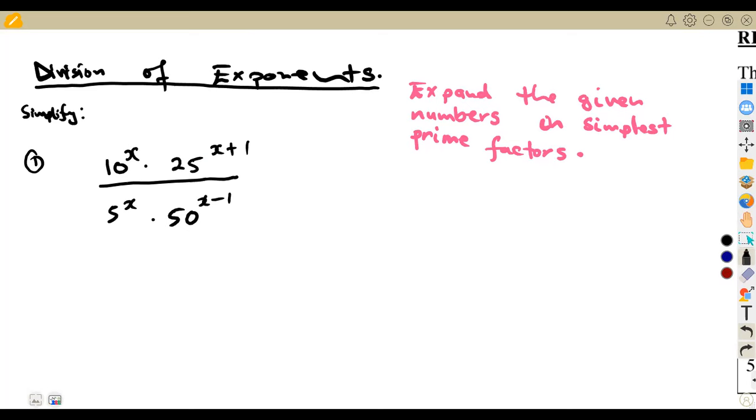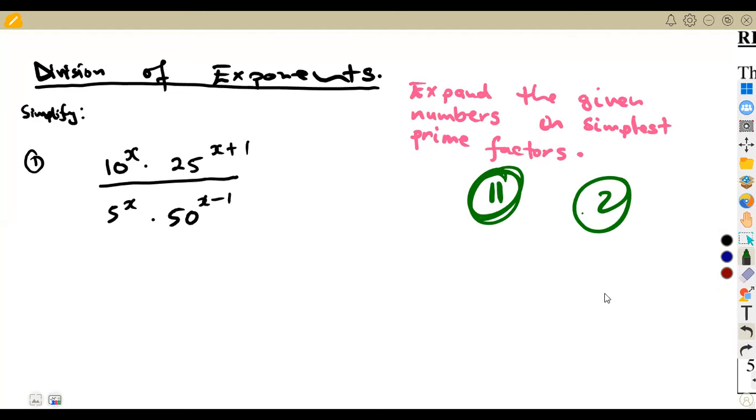Let's have 11. 11 is the simplest number on earth, because I know that there is no other factor. There is no 2, there is no 3, there is no other factor. Let's talk about 2. It is the simplest number, and again there is no other factor. It's just 2 and 1.